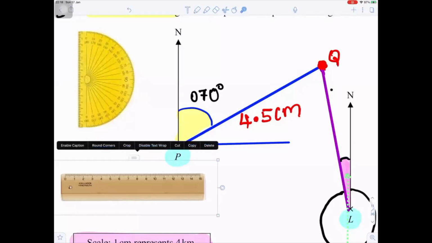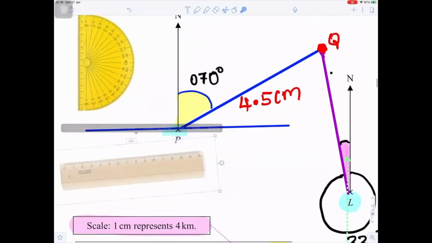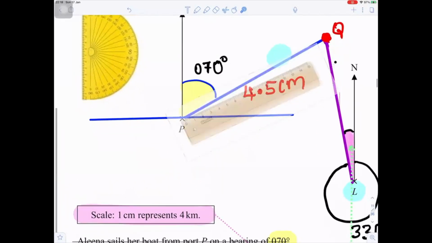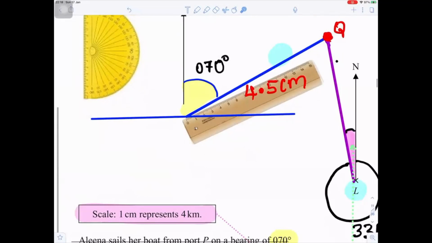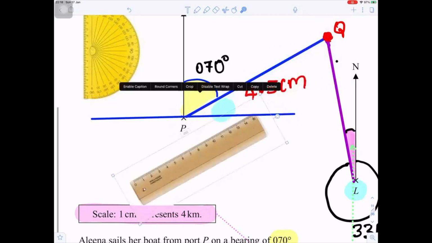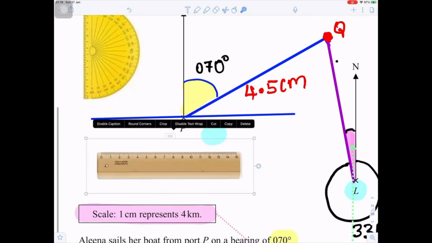So we will use the ruler and we will draw 4.5 centimeters distance. When you mark that, that will give you the position where Q is.